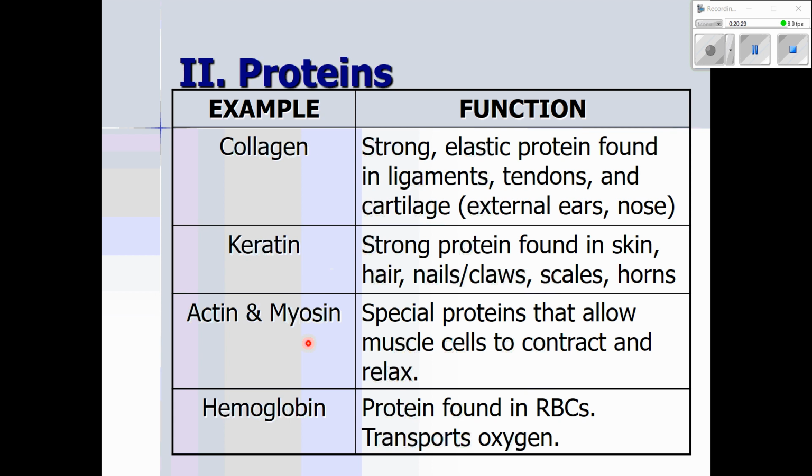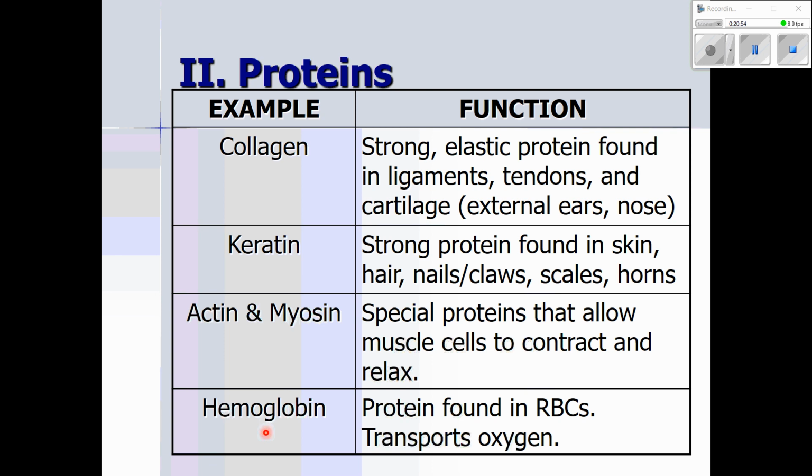Actin and myosin are special proteins inside our muscle cells that allow for movement. They allow muscle cells to contract and relax, to shorten and lengthen. So movement is made possible by these very special, unique actin and myosin proteins.